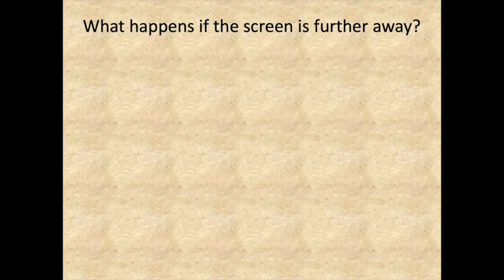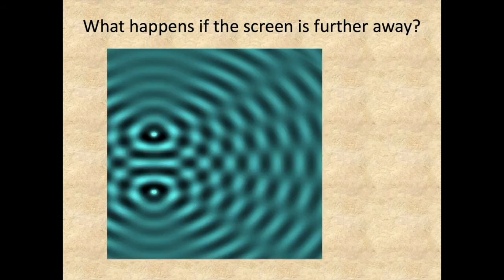So let's see what affects this pattern. If we move the screen further away, let's say these are the two sources and this is the pattern that is being formed. If we're looking at a screen that is at that distance, you can see this would be one interference point that is a max, crest, crest, again a bright point here and another bright point here.